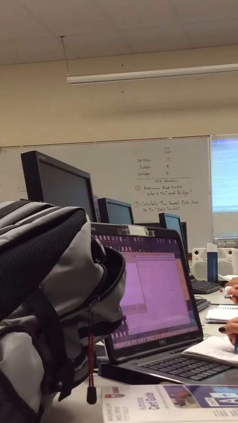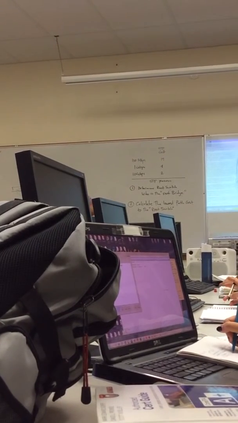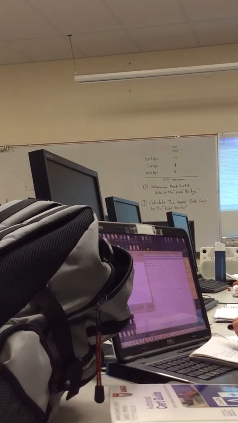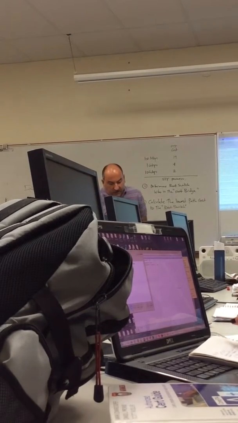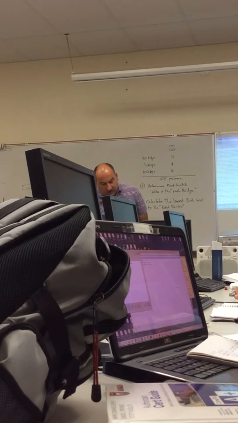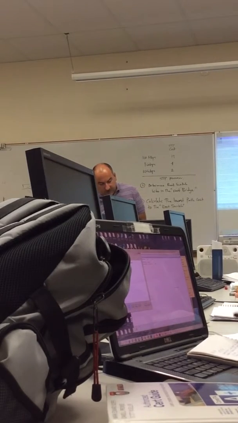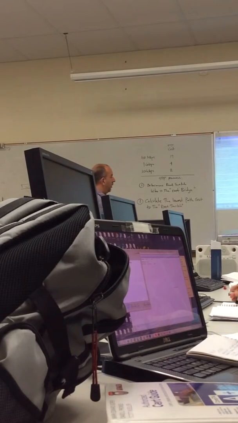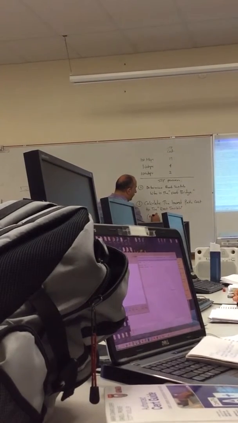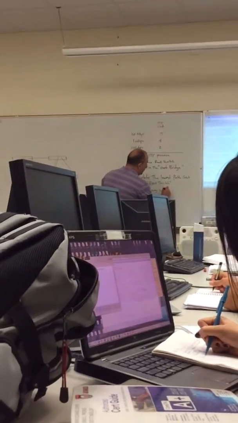So once you figure out who's the root switch, you're going to calculate the cost for all the other switches underneath it to reach them. Okay? Who has the lowest cost? And basically what it means is, how far away is the root bridge?